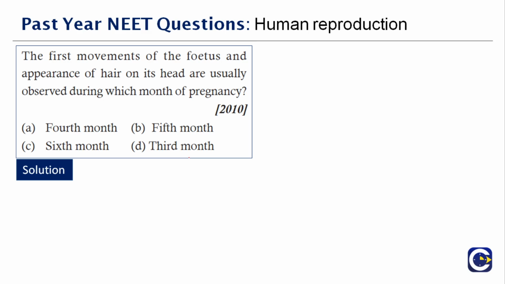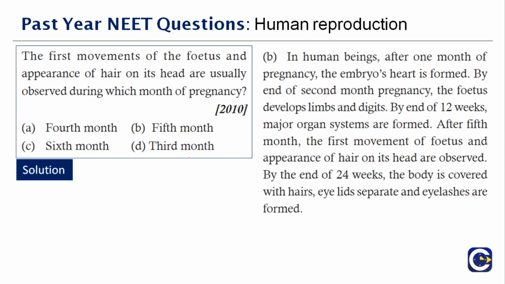After the 5th month, the first movement of the fetus and appearance of hair on its head are observed. By the end of 24 weeks, the body is covered with hairs, eyelids separate, and eyelashes are also formed. So it is the 5th month. I've given enough explanation for it. Whatever I explained is to your right side. You can go through it.